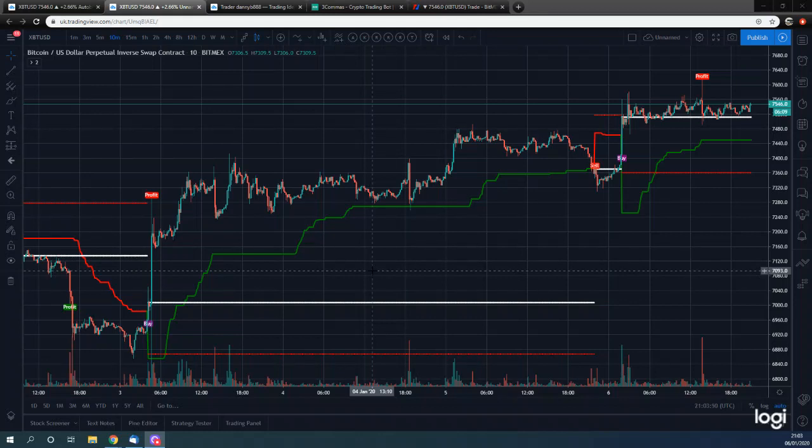I then use a charting platform, charting software called TradingView, and that is where I have my charts with my indicators set that will isolate the parameters that trigger trades.